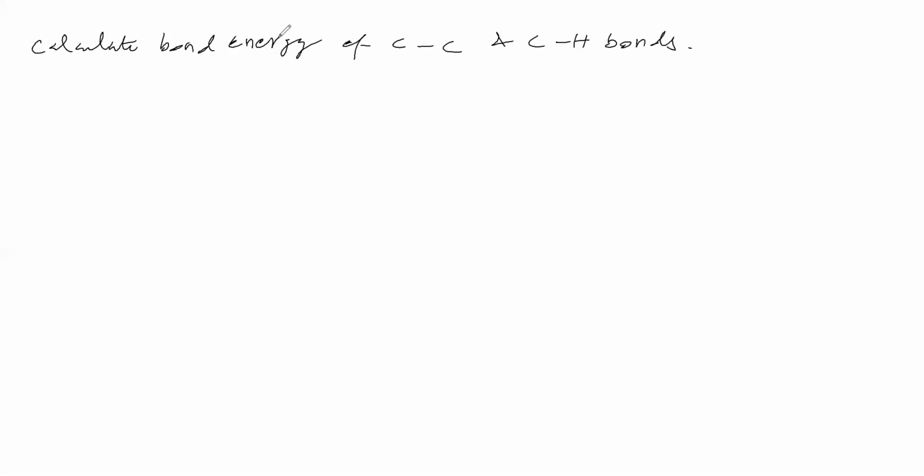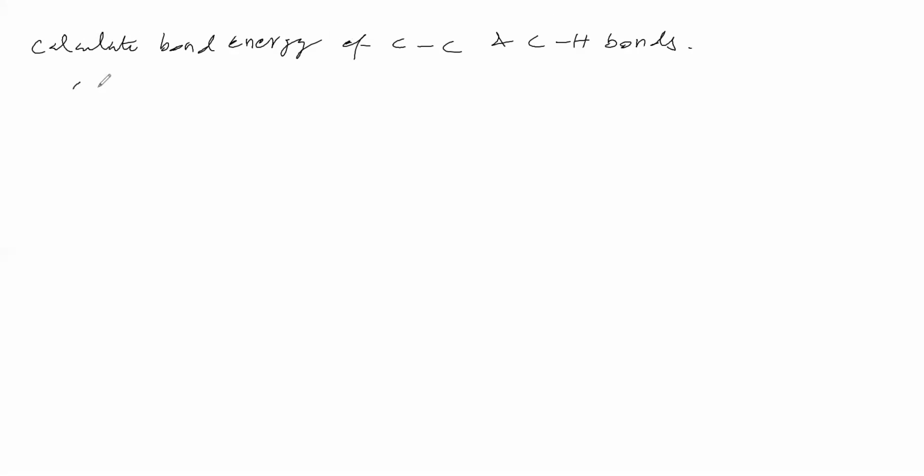Using the data, all values in kilocalories per mole at 25 degrees Celsius given below, calculate the bond energy of the CC single bond and CH bonds. What is the given data?